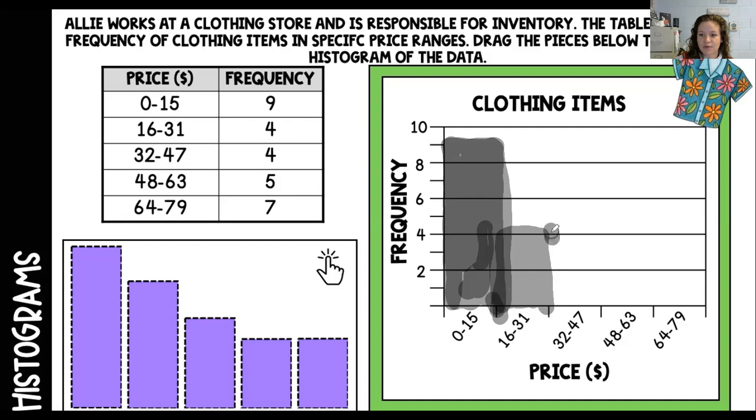So that one's going to go right up against it. Next one is 48 to 63, which is 5. So that one's going to be a little bit taller, but it's going to be halfway there. And then our last one, 64 to 79, there are 7. So we're going to draw that one up to 7.